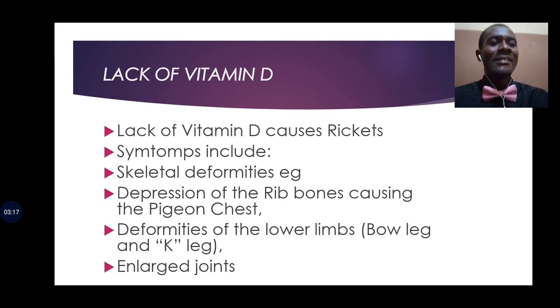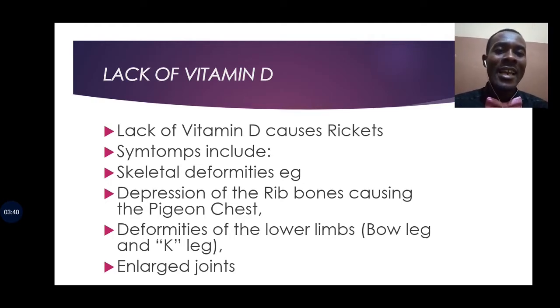In other words, it affects the skeletal framework of an organism. In this particular case, we are dealing with humans. And so the skeletal form of a human being is deformed, put in a different shape other than the normal shape of the skeleton, and in such a case you're going to have a deformed human being.